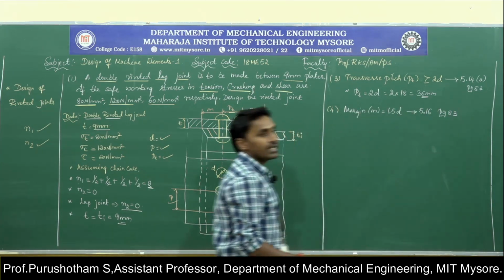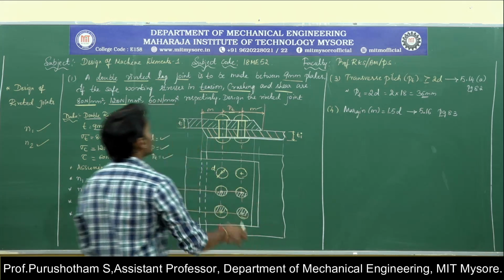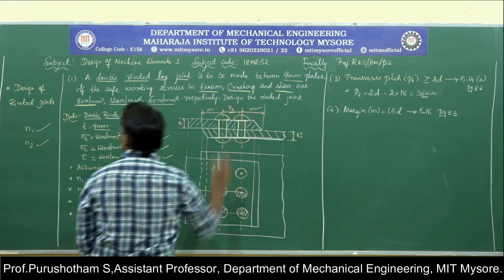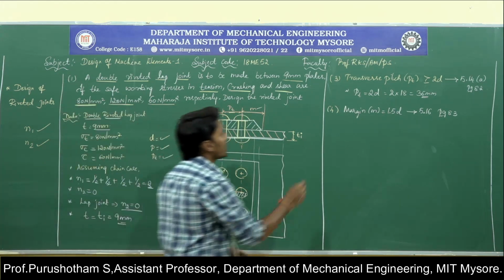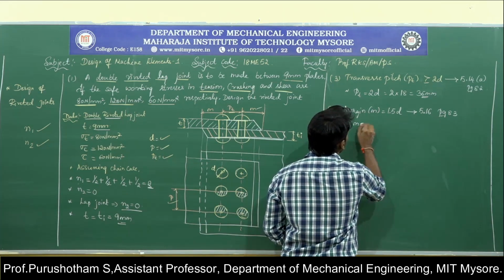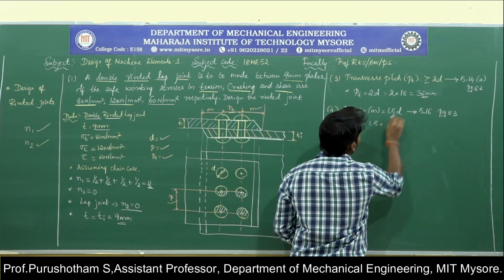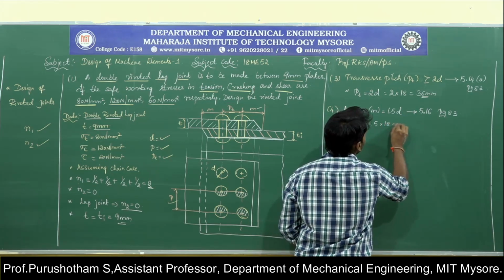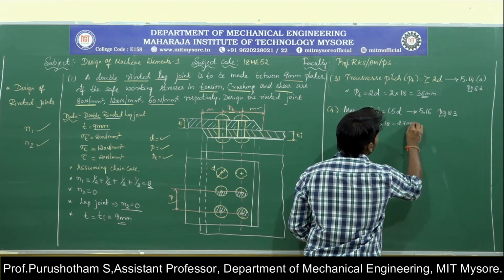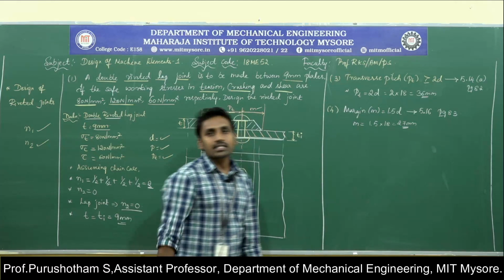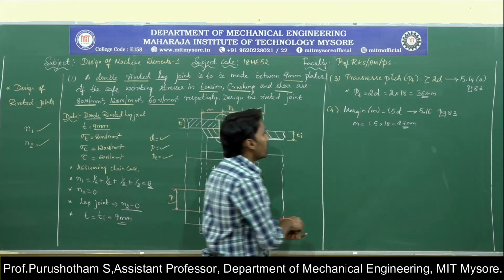So M is 1.5 times D, D is 18 millimeter, then you will get 27 mm. That will be the margin.